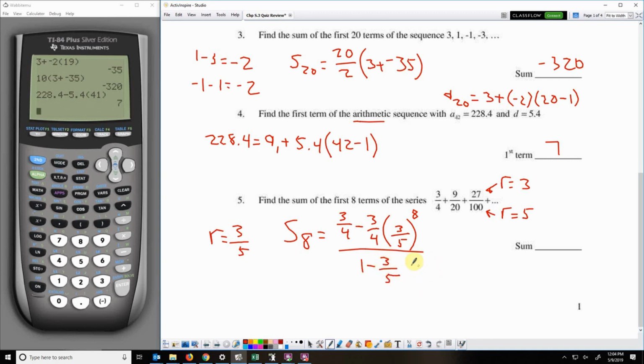I'm going to do the numerator and denominator separately on this one. 3/4 minus, and now I'm going to be multiplying things, so I'm going to use parentheses here. 3/4 times 3/5, and that fraction is to be raised to the 8th power.